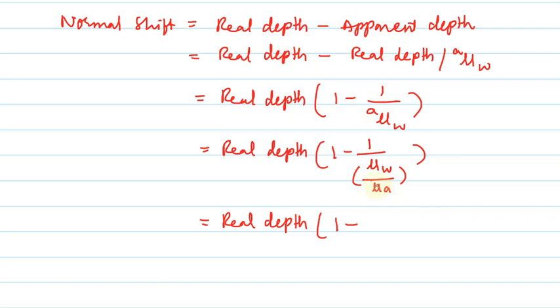As the fraction is in the denominator, mu a will go to the numerator. Then I can write this as mu a, refractive index of air, upon refractive index of water.